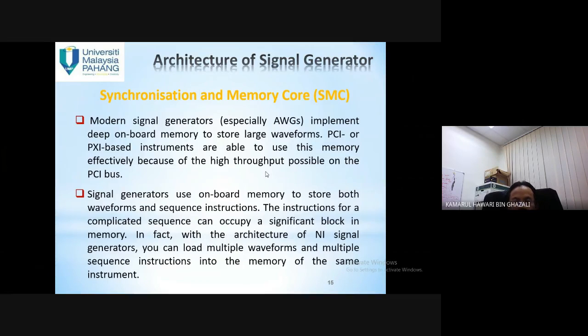Next, synchronization and memory cores, SMC, in the signal generator. Modern signal generators implement deep on-board memory to store large waveforms. PCI or PXI-based instruments are able to use this memory effectively. Signal generators use on-board memory to store both waveforms and sequence instructions. The instructions for a complicated sequence can occupy a significant block in memory.